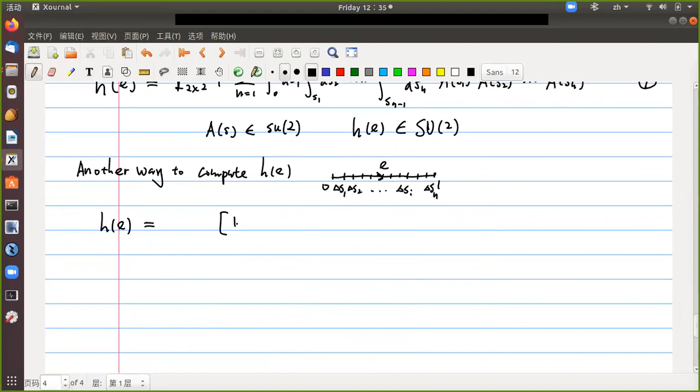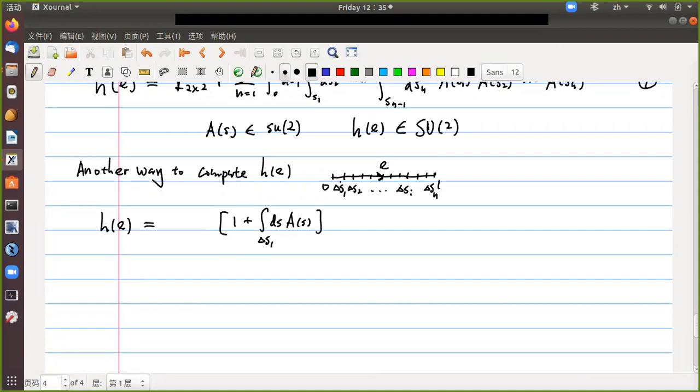But you have to take into account the order of those delta S. Although each exponent is linearized, each contribution is a matrix, and they are non-commutative. So I can write the holonomy as follows.